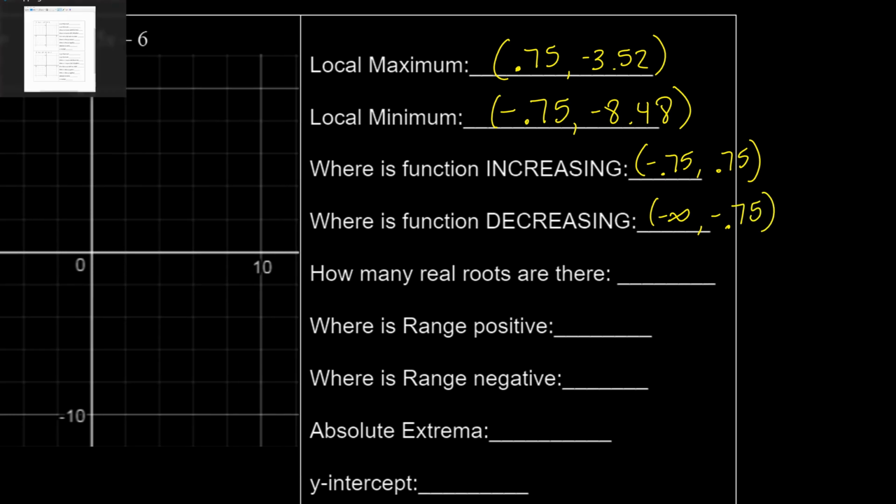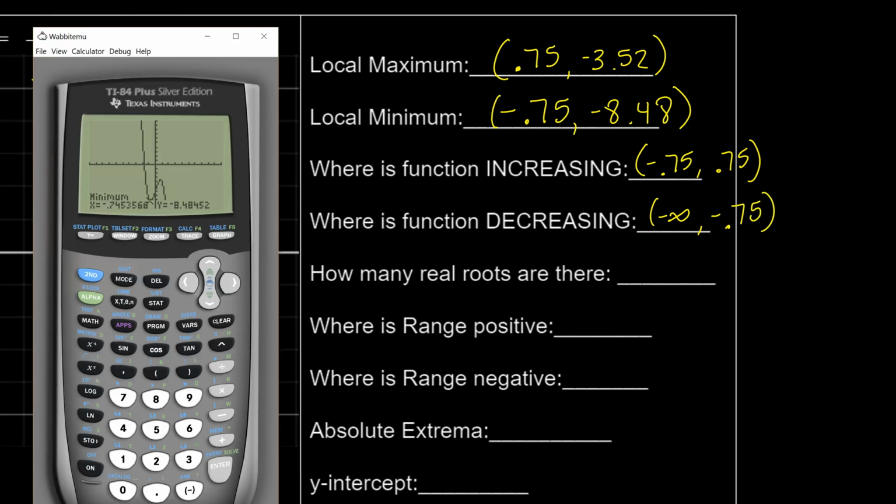Is that the only place that I am decreasing? No. Where else do I decrease? Yes. So I am decreasing, change of direction, increasing, and then I start decreasing again at my local maximum.